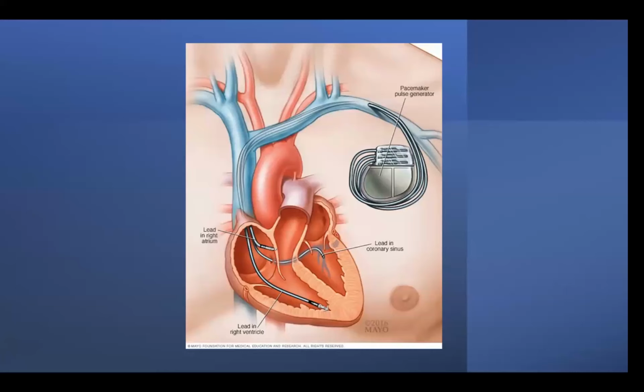Then the other issue is that if one of the indications is bradyarrhythmia and the patient goes into asystole, you'll be able to take over the rhythm immediately by having that lead there.